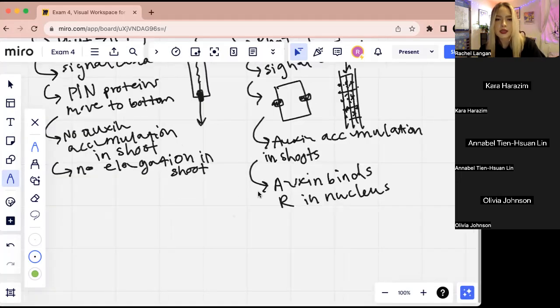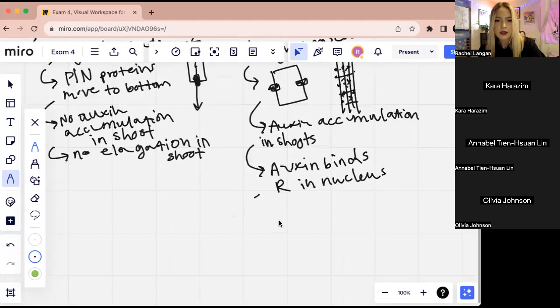And then auxin plus its receptor is going to kick off the repressor of the Sauer gene.